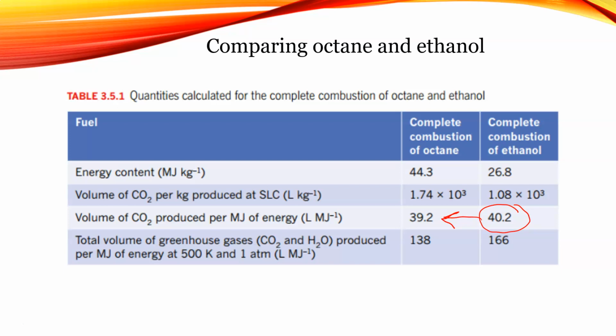But then when you add in the other greenhouse gas, the numbers are starting to look a little different. So we've got quite a lot more greenhouse gas for ethanol than we did for octane. So, yeah, it's all very well to pop a bit of ethanol in your E10 fuel, but we don't want maybe to have a greater percentage than 10%.